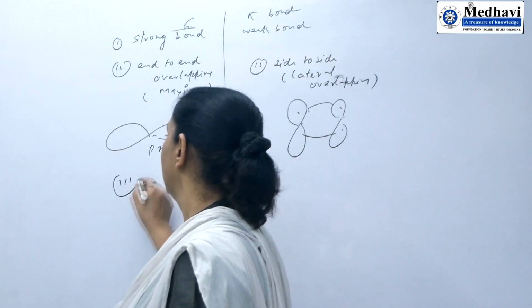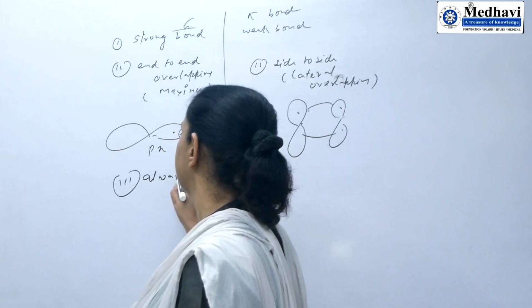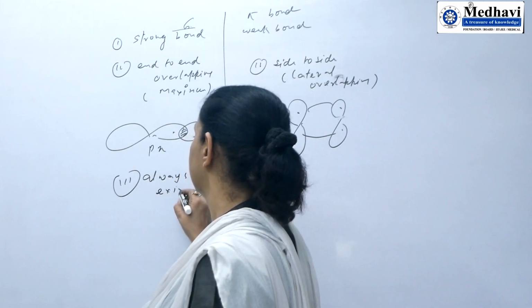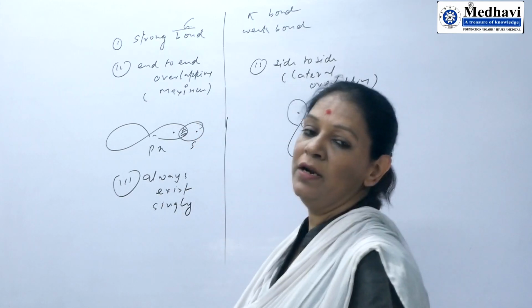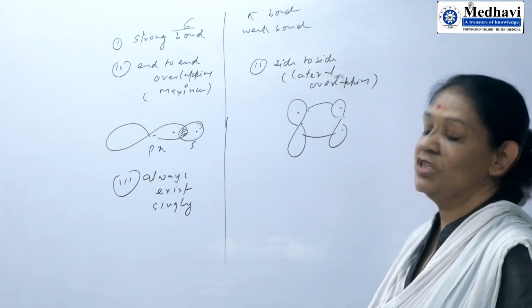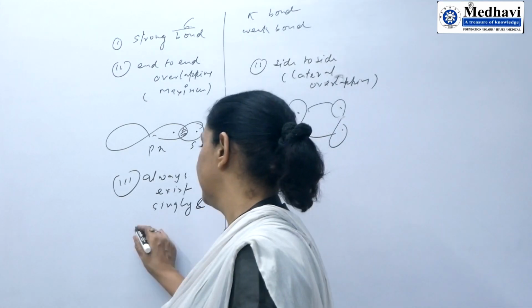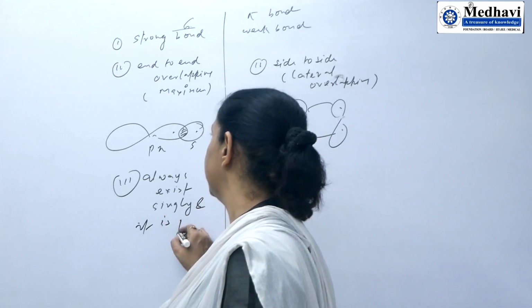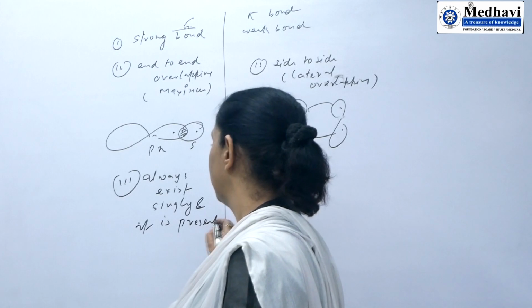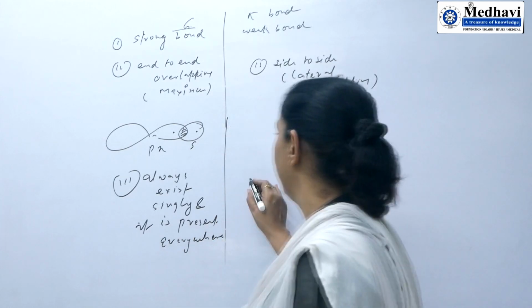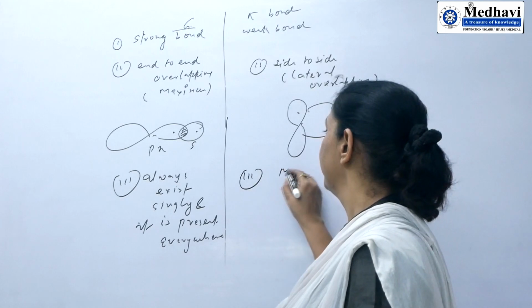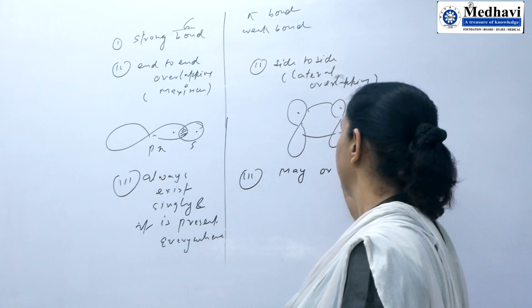Third, sigma always exists singly. And without a sigma bond, we cannot imagine a bond. So it is present everywhere. Here, the pi bond may or may not be present. May or may not.